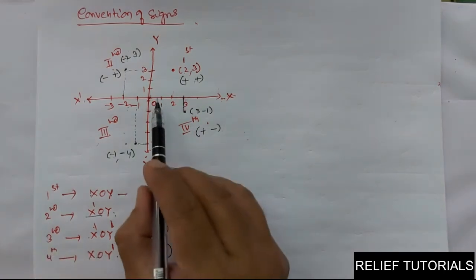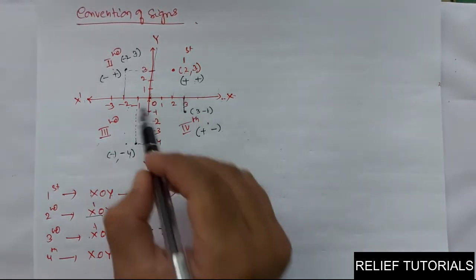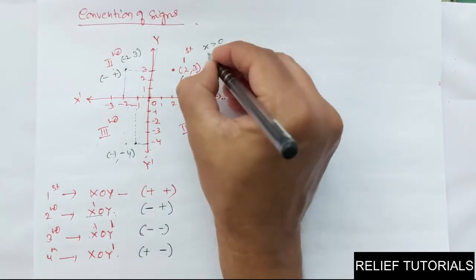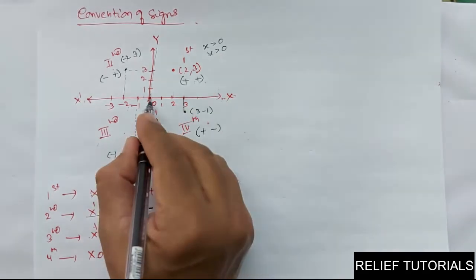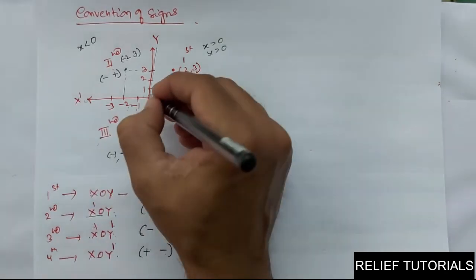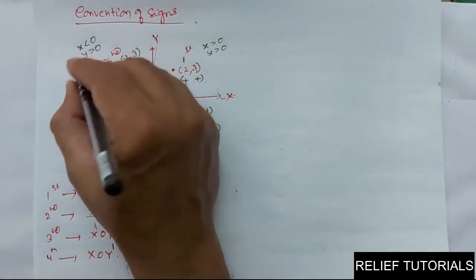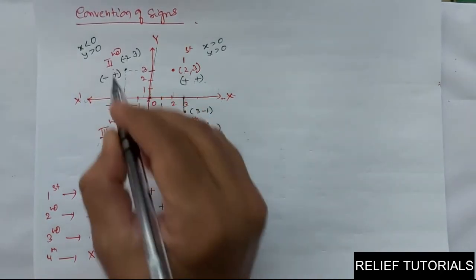Okay. So see here, this is x greater than 0, y also greater than 0. So both positive. Greater than 0 means positive. Here you see x is less than 0, so negative, and y is greater than 0, so positive.